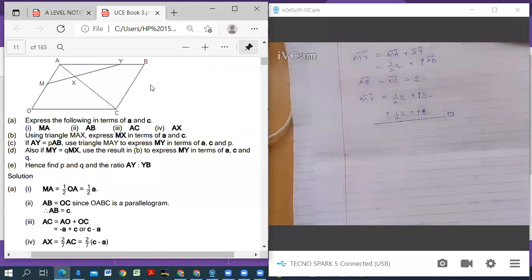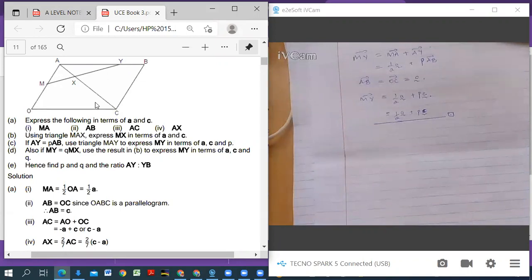So in other words, someone would say, for example, in part C, if you are finding MY, what I'm going to do is find MO, then O to C, then C to B, then B to Y. Which is okay, and I think you get the same answer.